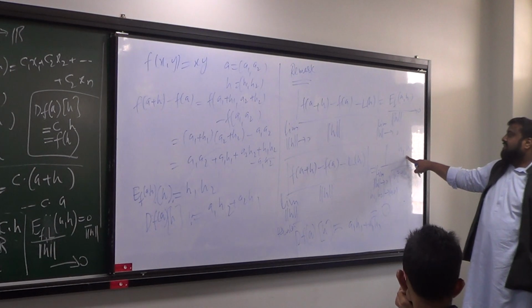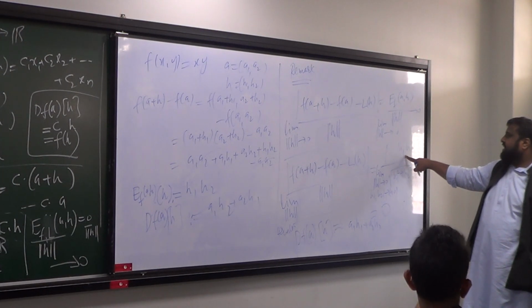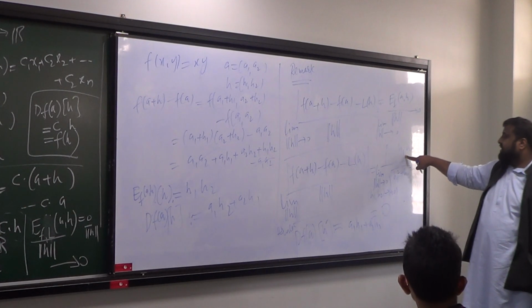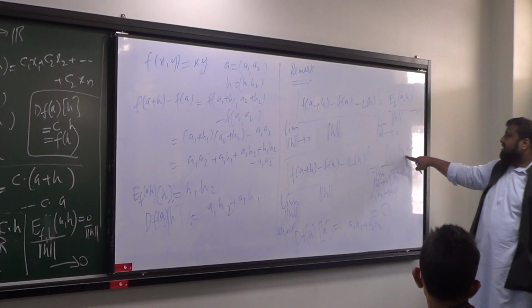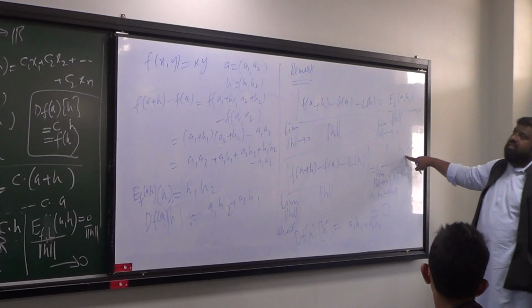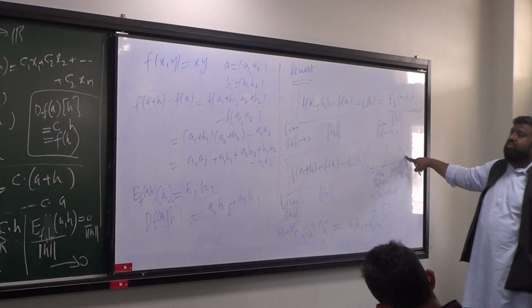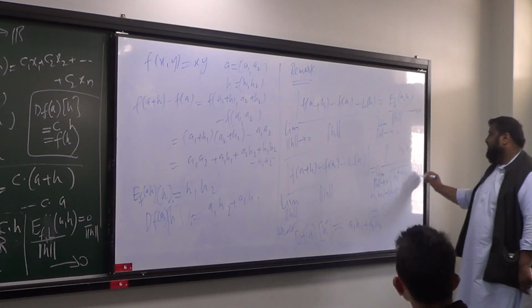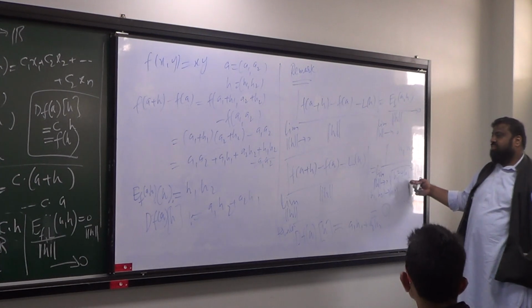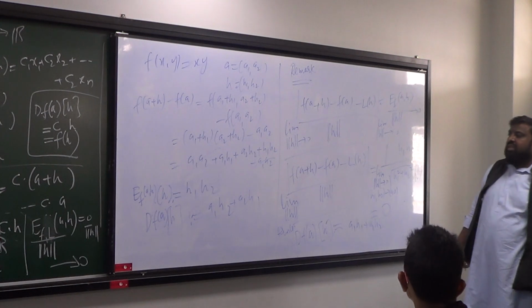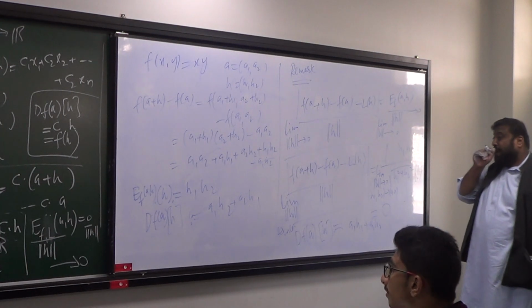But have we done this problem, xy over the square root of x square plus y square? I think the limit for such a function should exist. You must verify that this is true. So the derivative must be this.